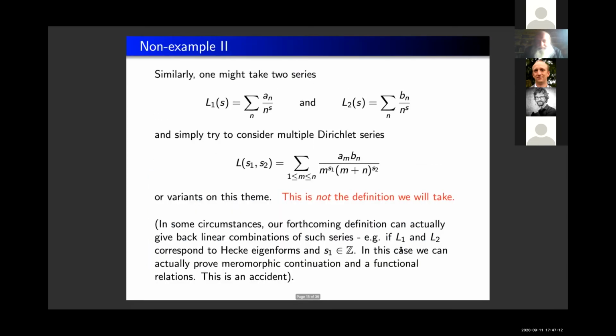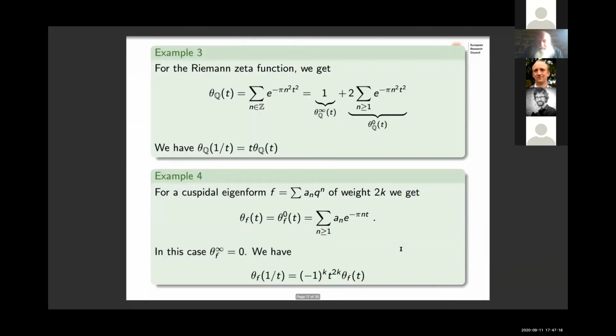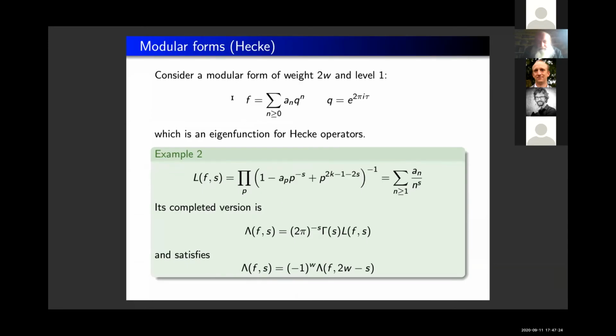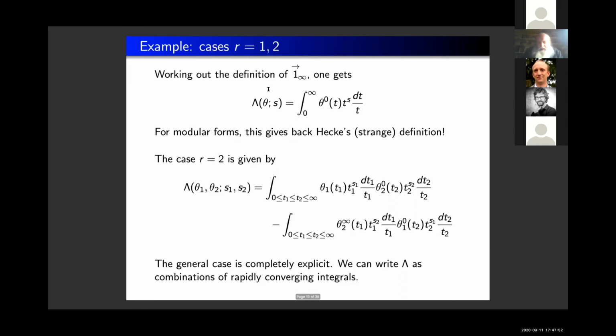So Hecke, what did Hecke do? Hecke, who was just thinking about modular forms, of course, took a modular form and wrote down a Dirichlet series, this one, and realized that the modularity of F, namely the symmetry with respect to tau goes to minus 1 over tau, gives this functional equation on the L function.